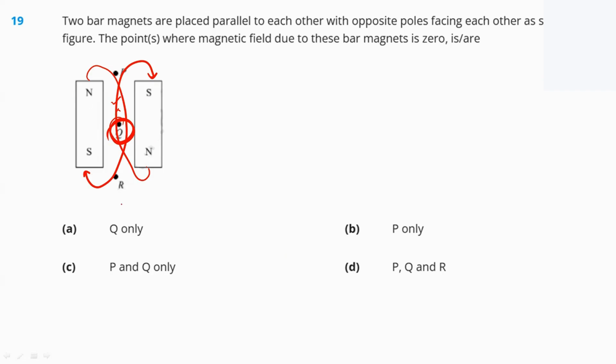Therefore, option number P. Okay, so here in the Q point, they will be cancelling out each other, but the magnetic field can never cancel out at point P and R, right? So where can it become 0? It can become 0 at point Q only. So option number A is our answer for this question.